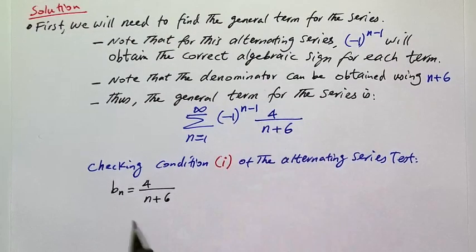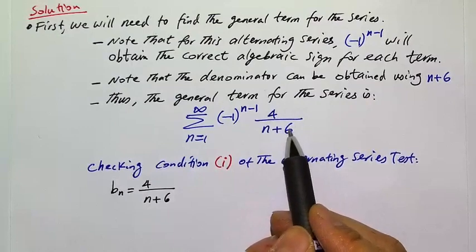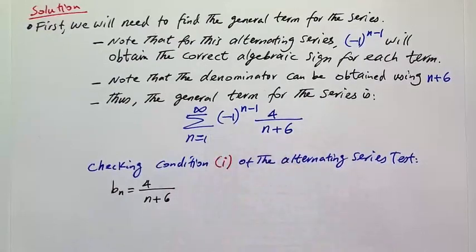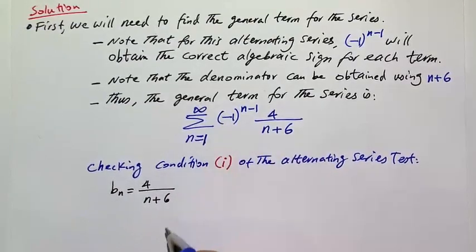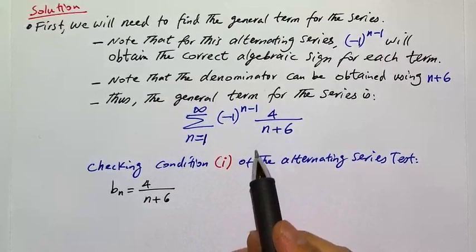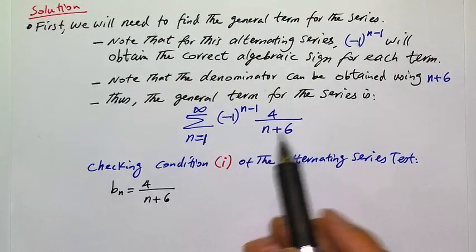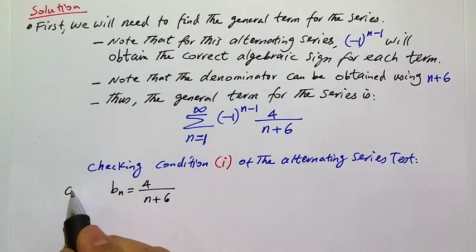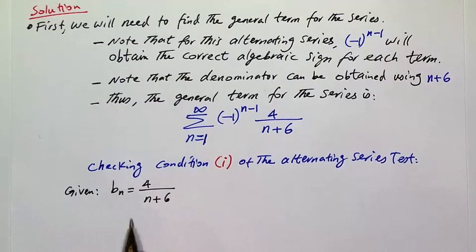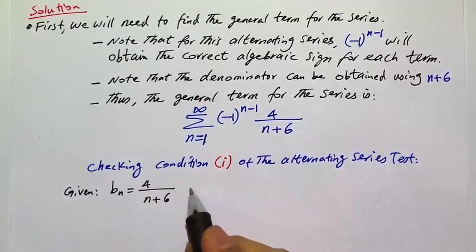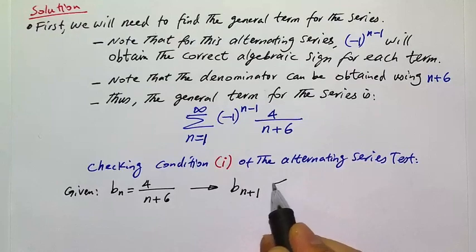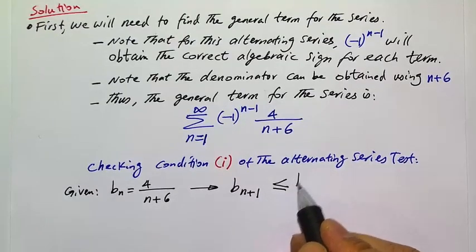If you look at the bn's, which are captured in this ratio, for every increasing n value, which starts from 1 all the way to infinity, this fraction becomes smaller and smaller. So given that bn's are that, we can see clearly that bn plus 1 will have to be less than or equal to bn.